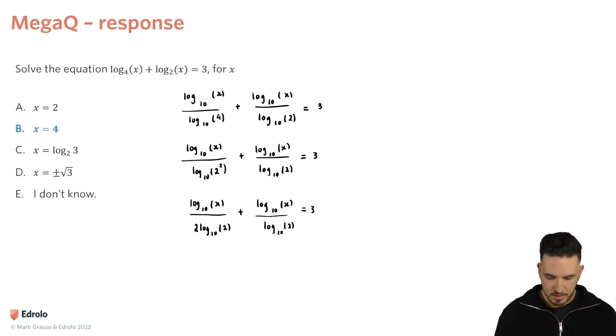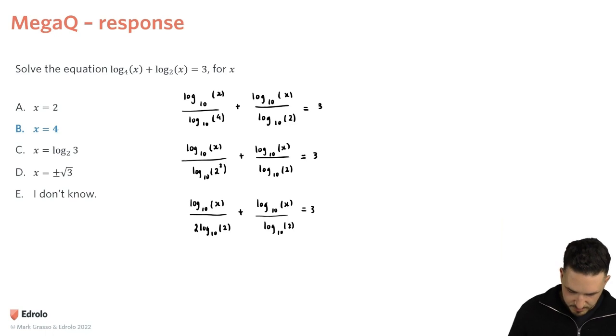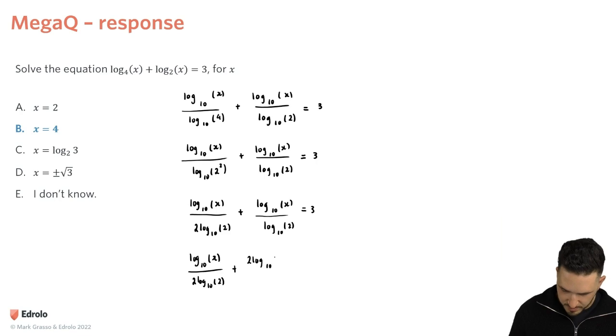We want to have the same denominator. It's close. It's 2 log 10 of 2 and log 10 of 2. So the right-hand fraction, we're going to multiply both the numerator and the denominator by 2. So this is going to become log 10 of x on 2 log 10 of 2 plus 2 log 10 of x on 2 log 10 of 2 equals 3.